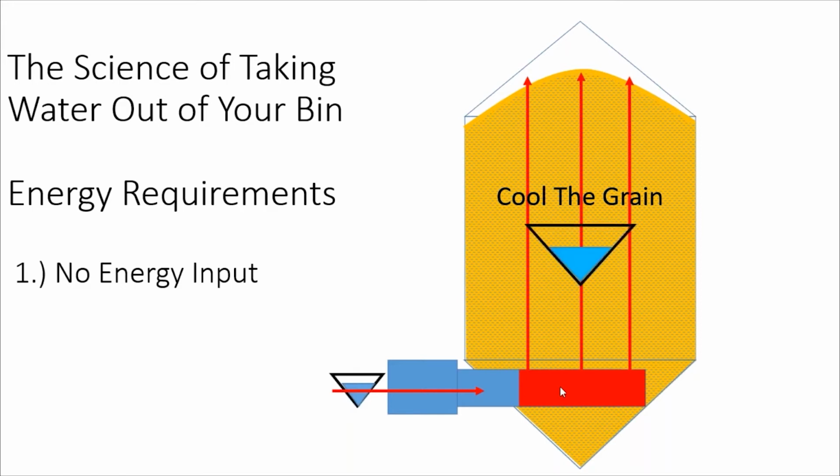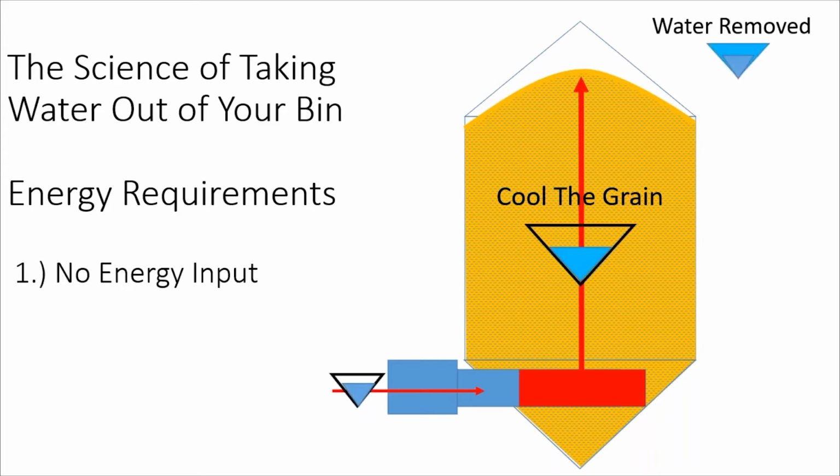As the air moves through the warm grain, the bucket increases because the air takes that energy and picks up that moisture, and as the air warms, the bucket gets larger, and ultimately the carrying capacity is increased. So you end up removing water, and this has been proven.